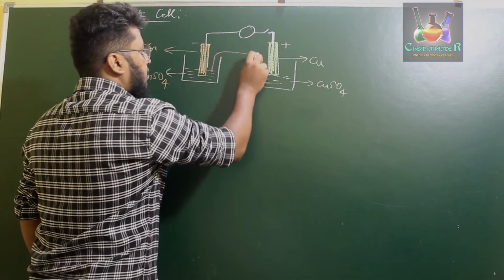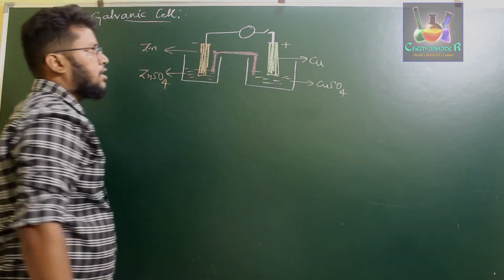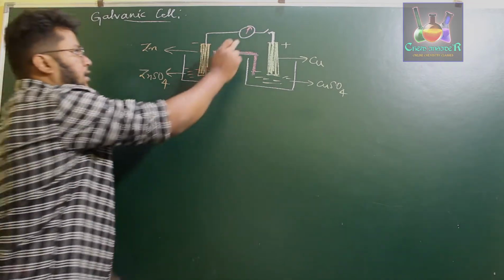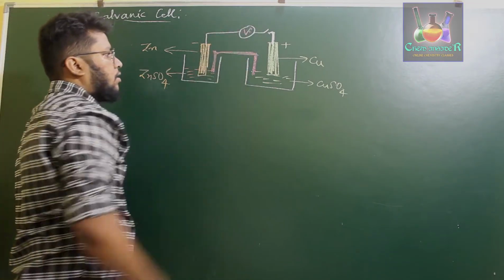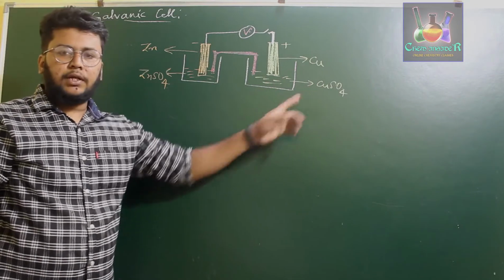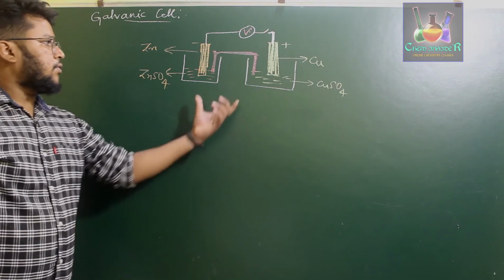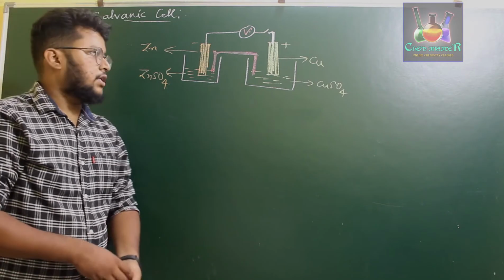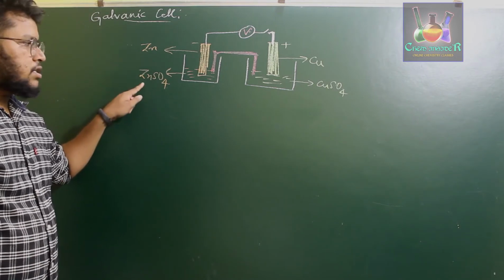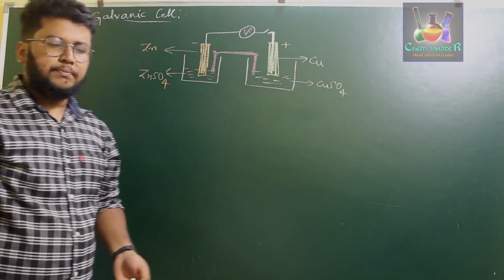If you consider two electrodes dipped inside a solution, a metal dipped in a metal electrolyte solution of its own, we have to connect them with a salt bridge. For example, in this case we are dipping the zinc metal electrode in zinc sulfate solution and the copper metal electrode in copper sulfate solution.